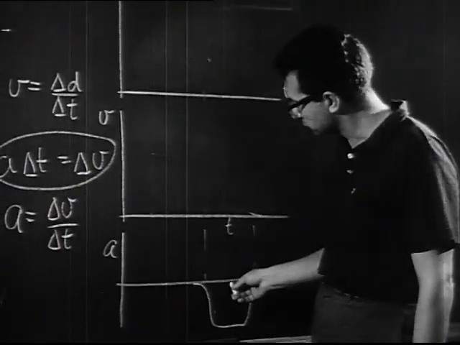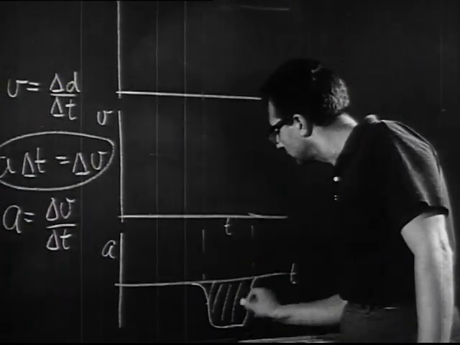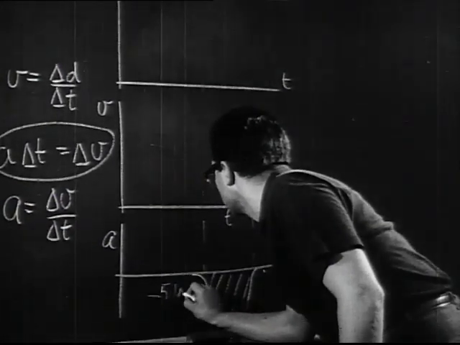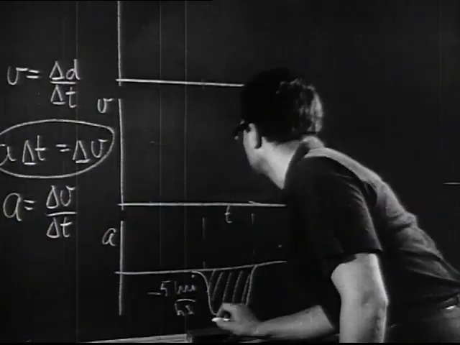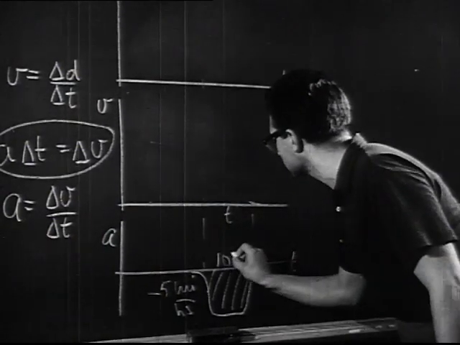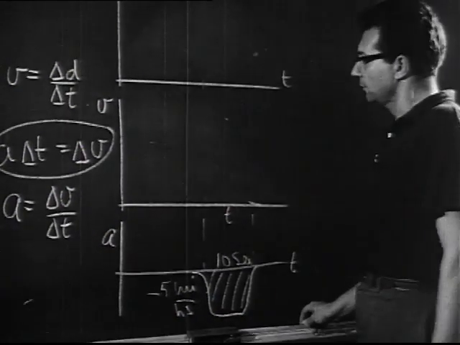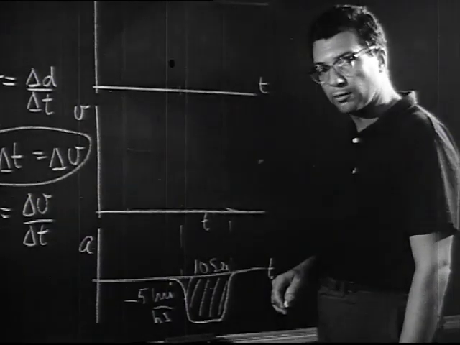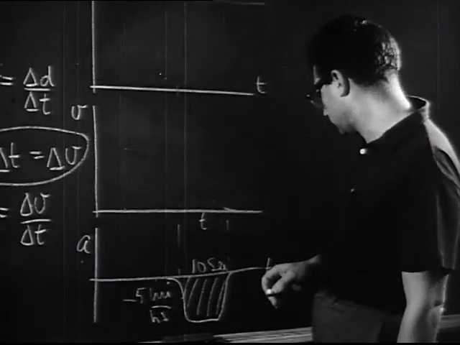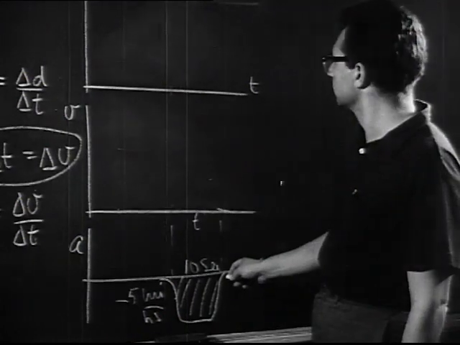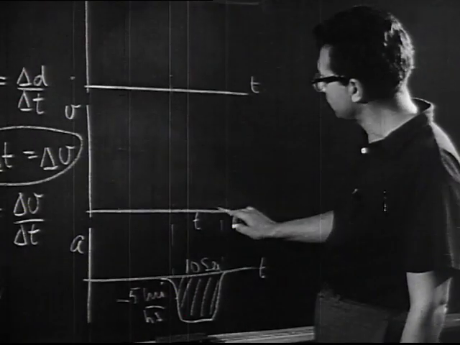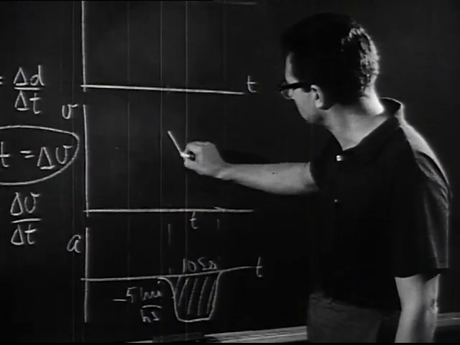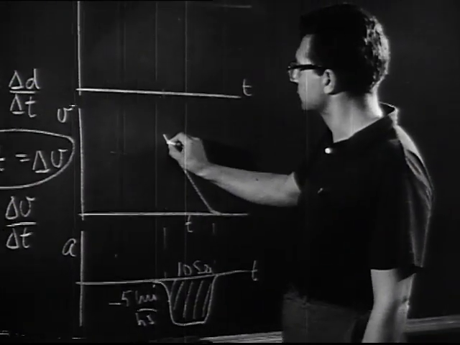Then this quantity is just the area of the rectangle. And suppose the acceleration were minus 5 miles per hour per second, and the delta t were 10 seconds. I then have an area of minus 5 times 10, which is minus 50 miles per hour. And that must be the decrease in the speed over that time interval. If, in addition, I know that the final speed is 0, then I know that it must have started at 50, and the speed curve would look like this.